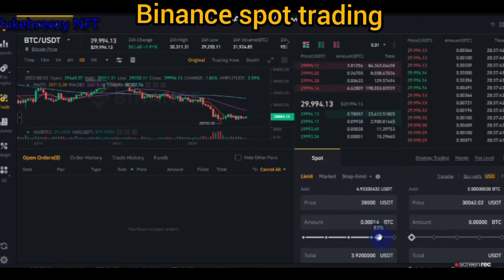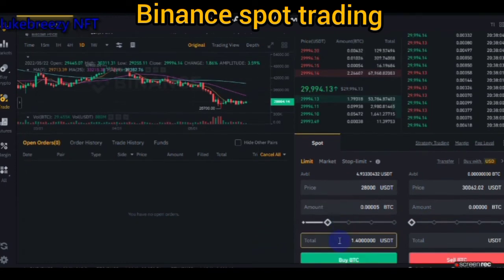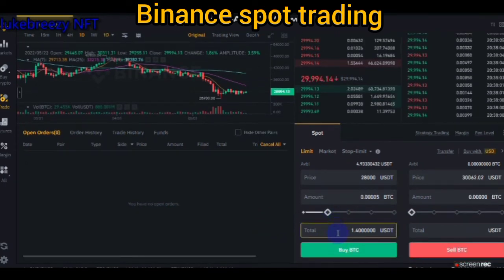and you can still set the amount of Bitcoin with this adjustment here. You can use that and set the amount of BTC also. Once that has been set, all you need to do is go down and click on buy.